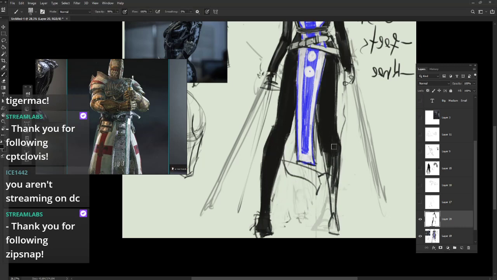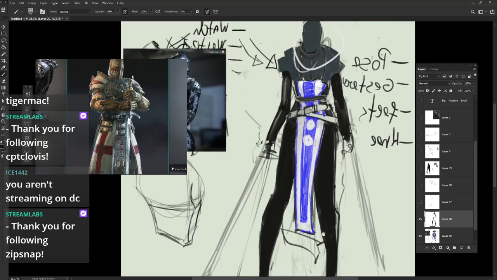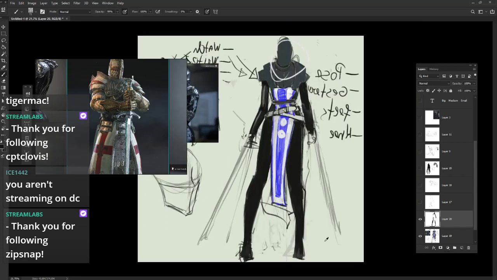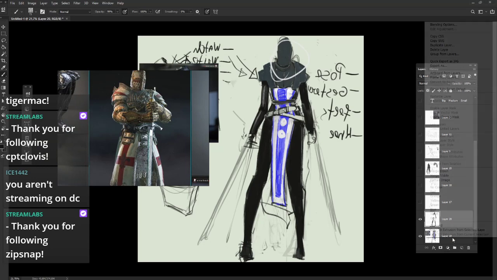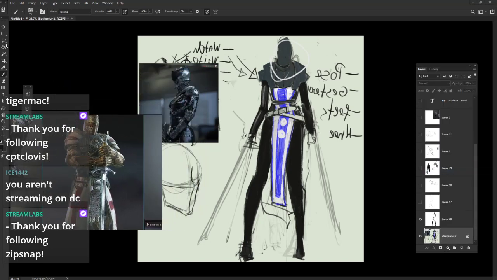Nothing is set in stone. This is a little bit too much. Her feet are a little bit too big. We need to change that.